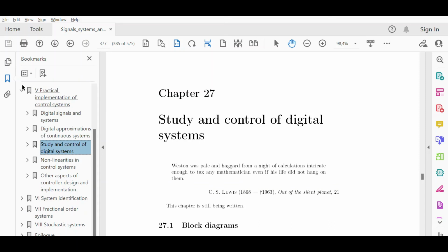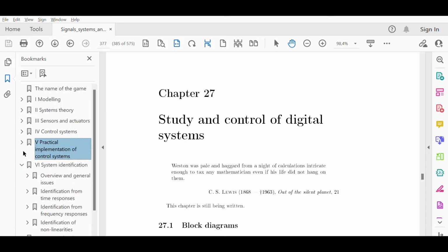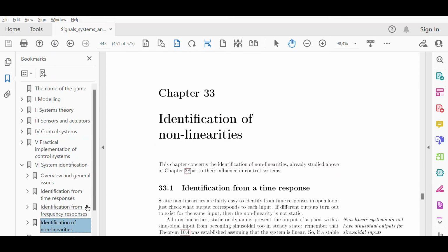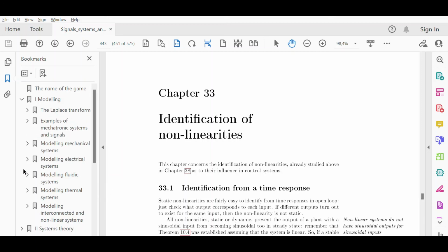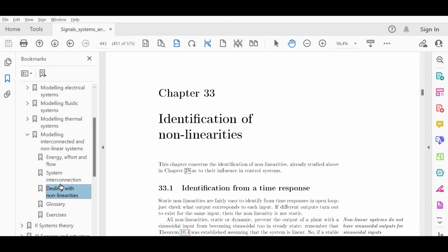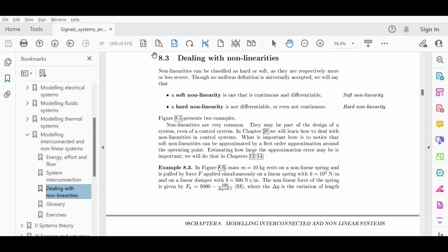This suffices for the first 3 chapters in part 6. For chapter 33 and for the 4th class in this series of videos, you need to know something about nonlinearities. You can find that here in chapter 8, section 8.3.